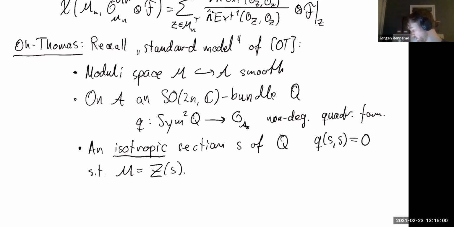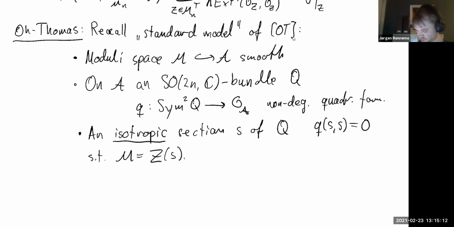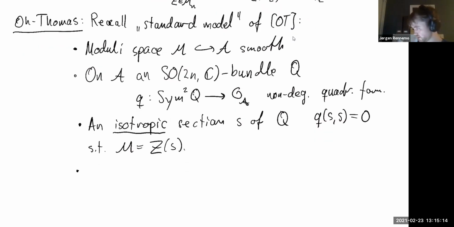Okay, so once you have this, then you can go and read Oh and Thomas, and you can see what the class is. So I want to give a somewhat different definition from what they do, which works only in more special cases, where you have even better assumptions than what they need. So here's something which you can hope for in this geometric situation.